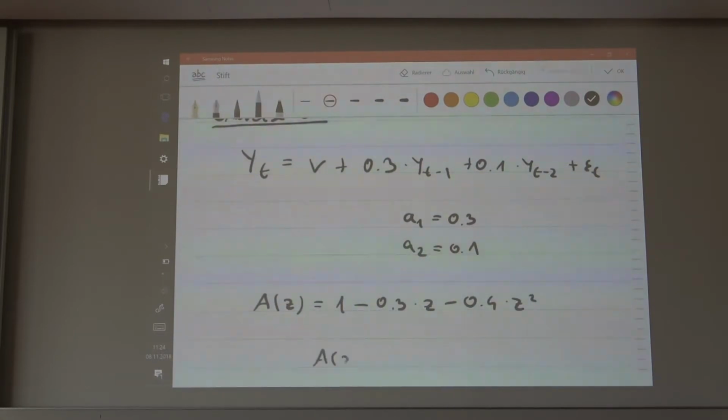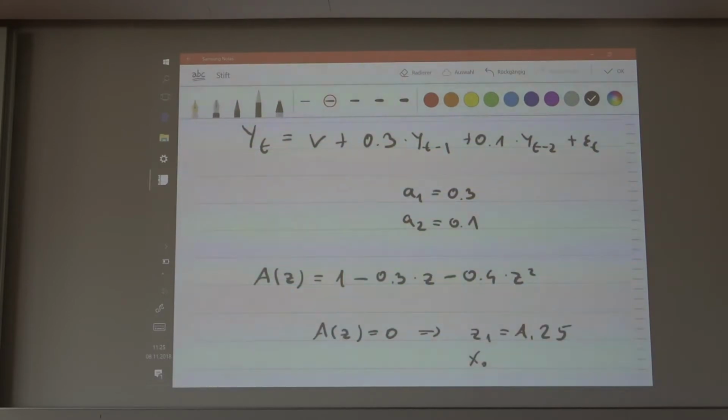If you calculate the roots, you would find z1 equal to -1.25 and z2 equal to -2. So the roots have an absolute value greater than 1. Hence, the process is stationary. We did this last time.